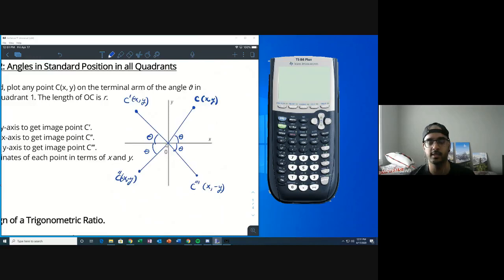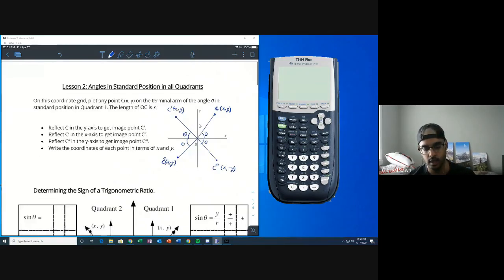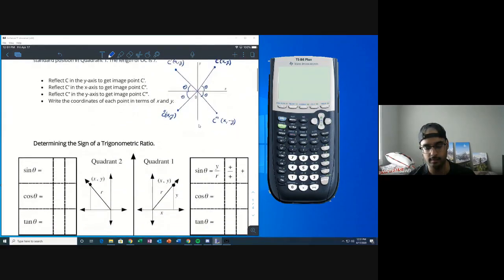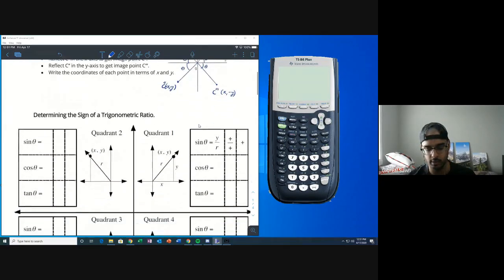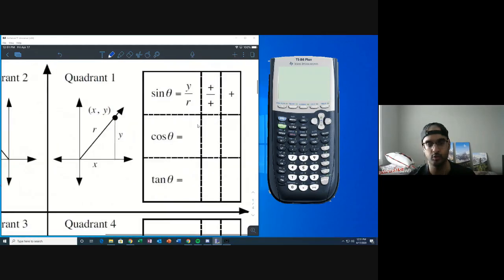Okay, now we're going to use this idea to find the trig ratios for any point, no matter where they are, in relation to that first quadrant angle. That's the goal here. Okay, so if you keep that idea in mind, you've got a chart down below, which we can fill in a couple pieces of information. So quadrant 1 first. Here's my terminal arm represented by R. My point is x, y.